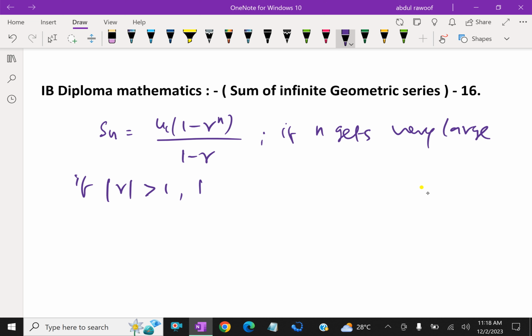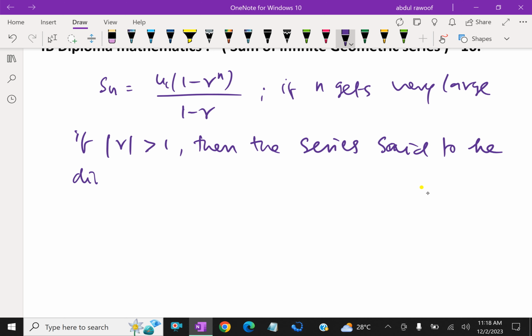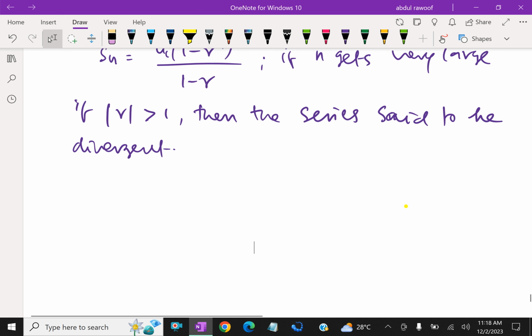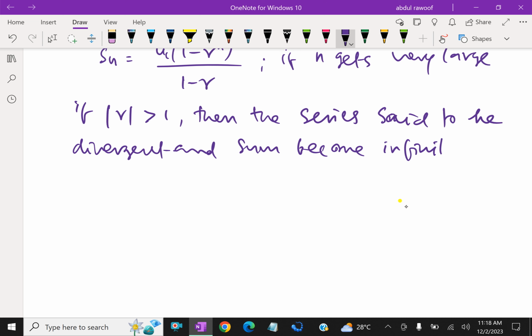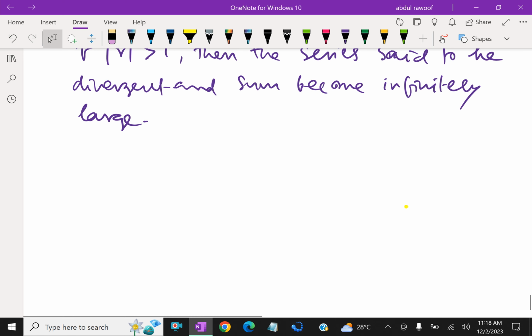Then the series diverges, and is said to be divergent. The sum becomes infinitely large.